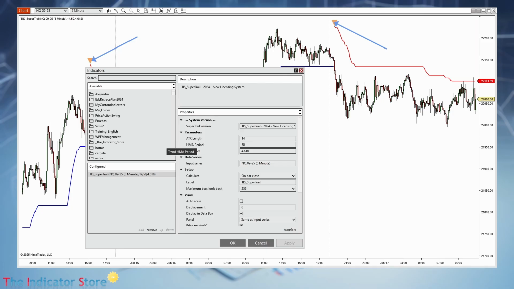The main parameters are the ATR to measure the volatility, the period of an HMA, and a multiplier. With the ATR, we control the volatility of the last n bars. The ATR is the average true range of the last, for example, 14 bars. So this is proportional to the volatility.